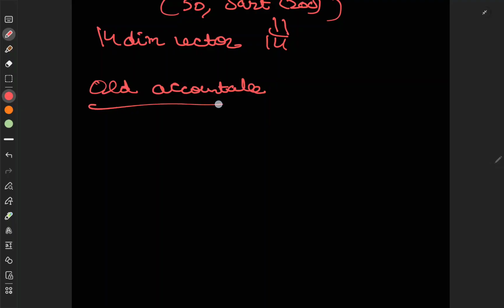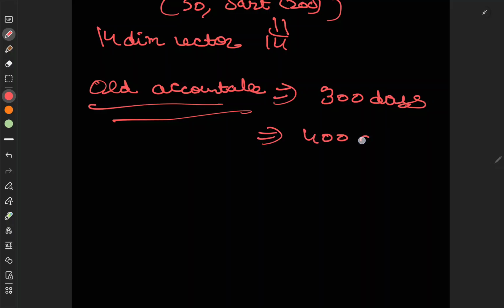Now generally the number would be like 300 days or 400 days. How would you convert this into a feature? What we can do is apply min max normalization here.